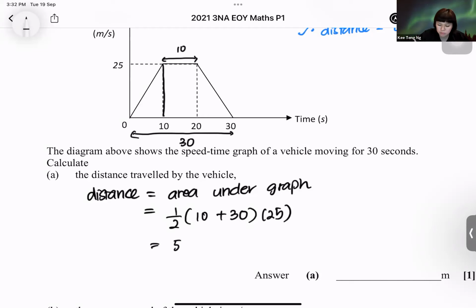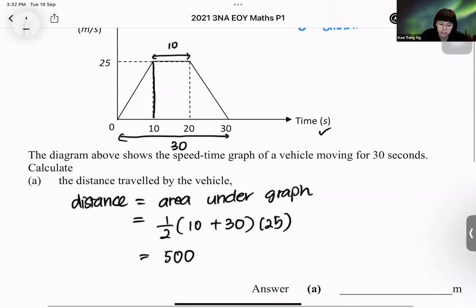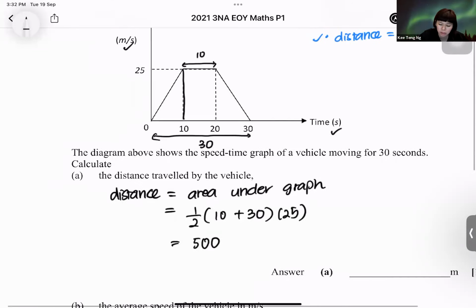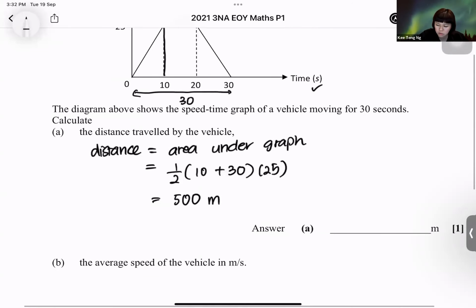That gives me 500. This is meters, this is seconds, this is meters per second. So multiply the area will give you meters. So it's 500 meters. Read the question. Sometimes they may want kilometers or whichever, so you might need to change units.